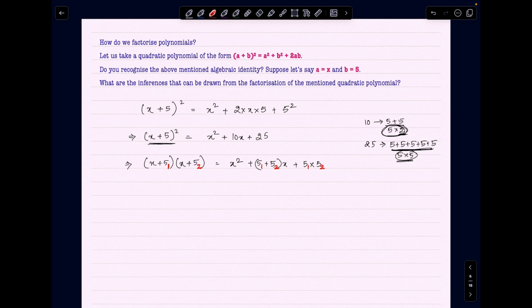So one thing you are noticing: here x plus 5, first 5 and second 5 is written.